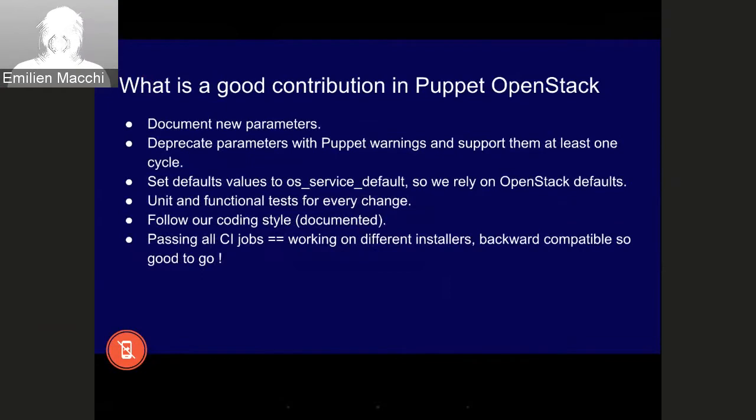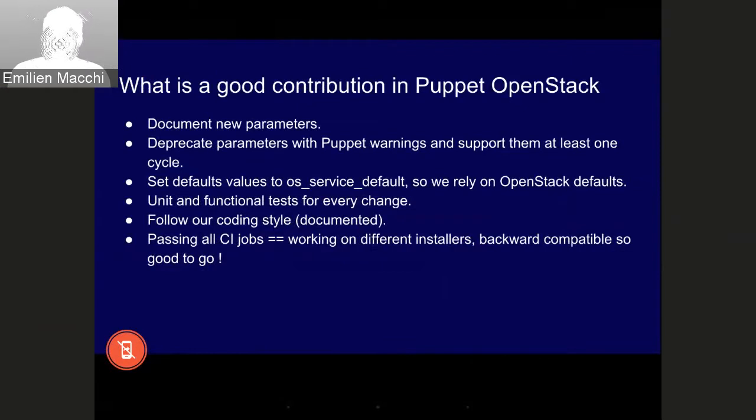Of course, if you create a new parameter or a new class or even a new module, you obviously need to create the unit test and the functional test. Because like I said before, we are investing a lot in the CI and we want a good coverage of testing. We have some coding style, which is documented on the website I gave you before.